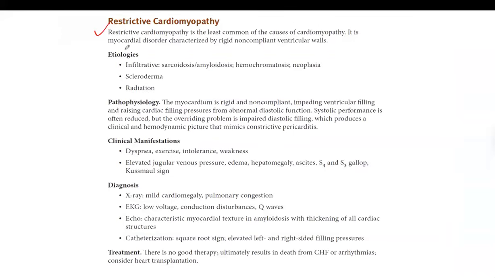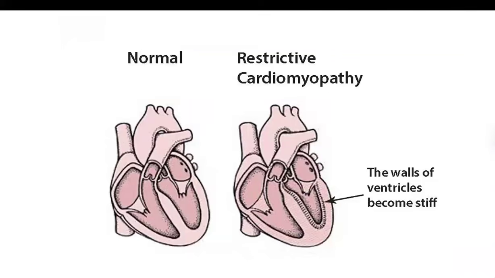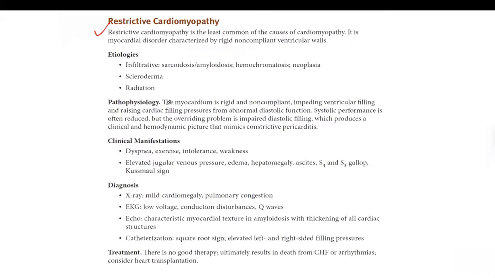There is another cardiomyopathy, which is called restrictive cardiomyopathy, not very important for exam. Restrictive cardiomyopathy is a condition where the wall of the ventricle becomes stiff and restrictive, like in a patient who gets infiltrative cardiomyopathy, amyloidosis, sarcoidosis, those things. It's very uncommon.